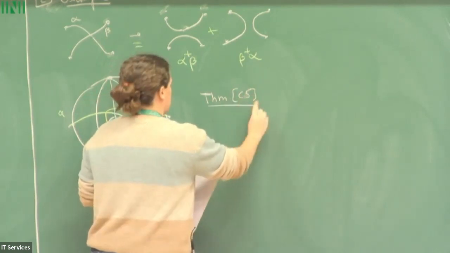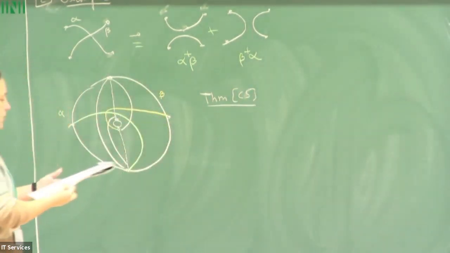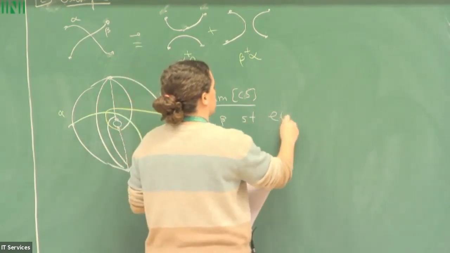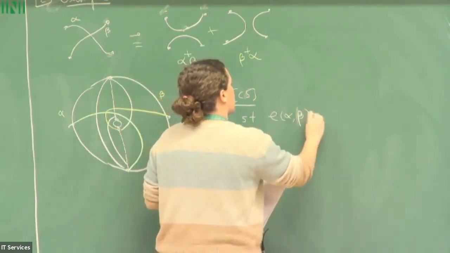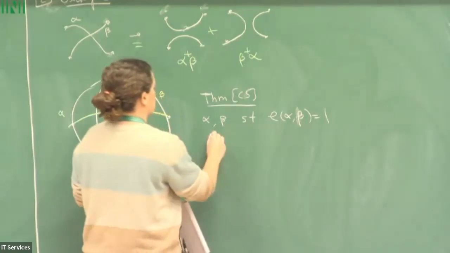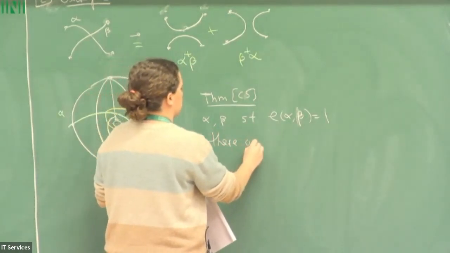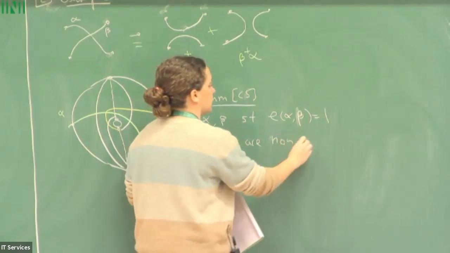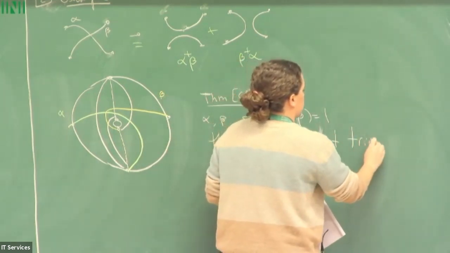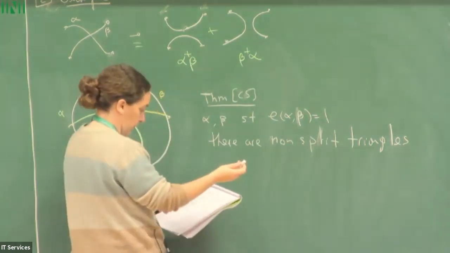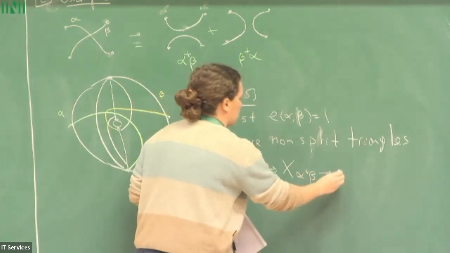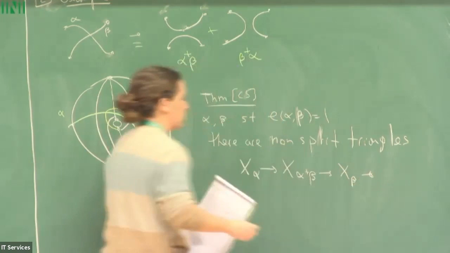can I control? Well, first, if you see two generalized arcs such that the intersection number is 1, then you know that there are non-split triangles of the form like this.